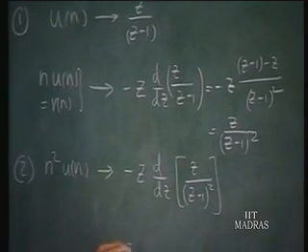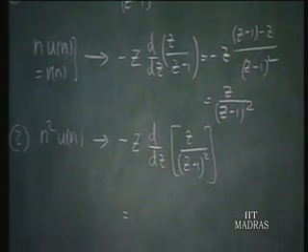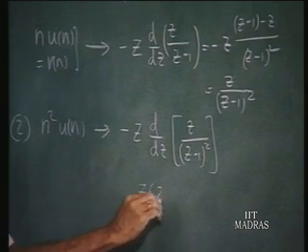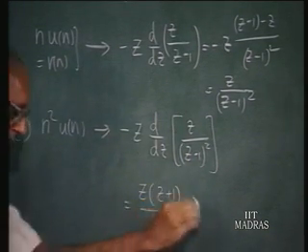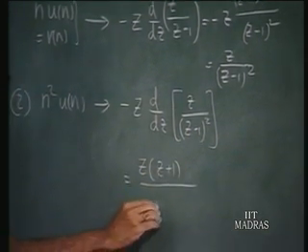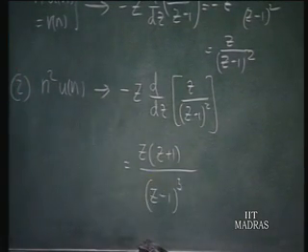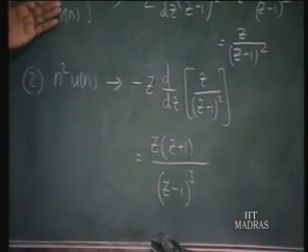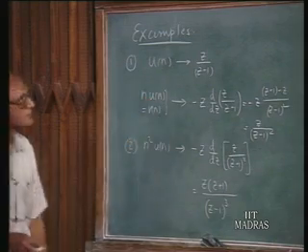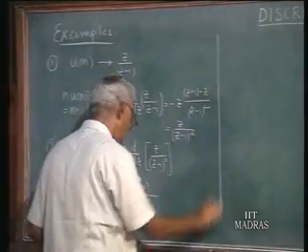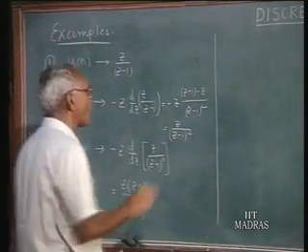You can carry this out and show that the result is z times z plus 1 over z minus 1 whole cubed. So that's how it goes. You don't have to remember this particular z transform. You can always derive it from the z transform of n u of n. Let us now consider the next property.